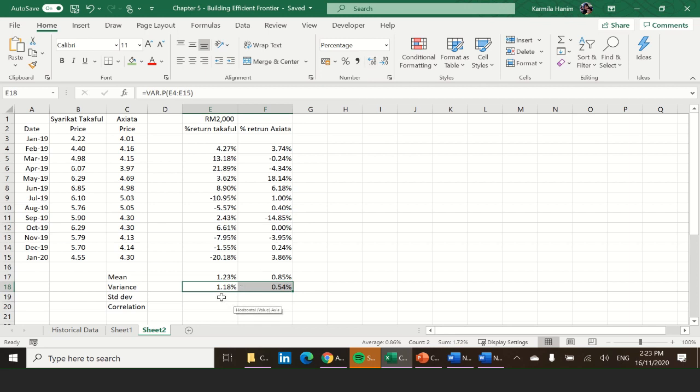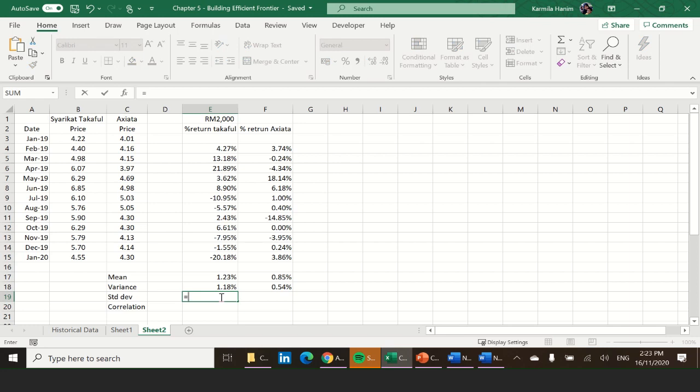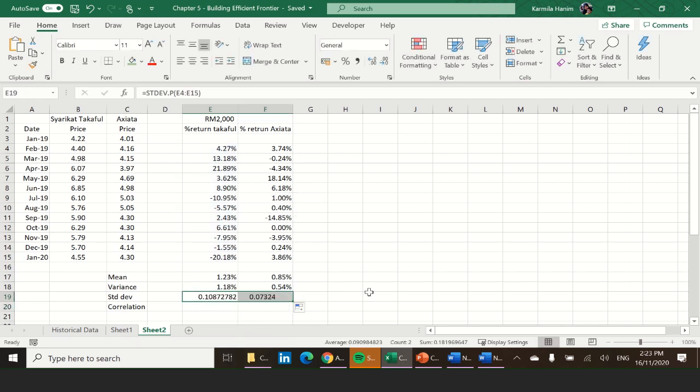The standard deviation. As well as the correlation between these two stocks.